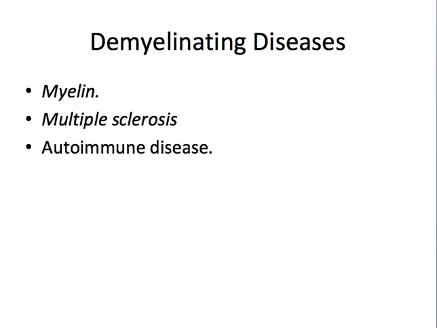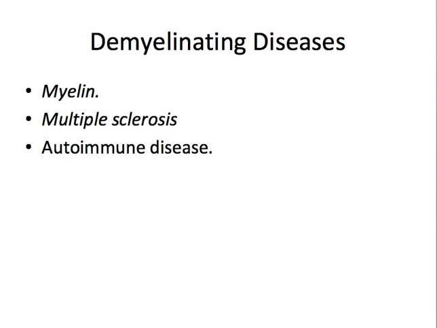One example is multiple sclerosis, which is an autoimmune disease. Multiple sclerosis starts between the ages of 20 and 50, and it affects women twice as often as men.